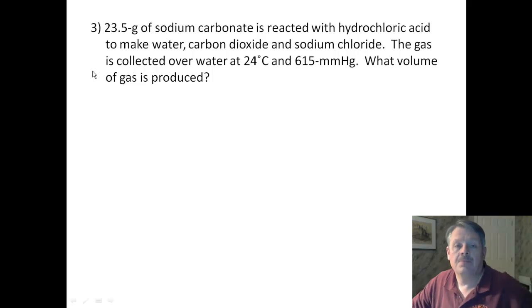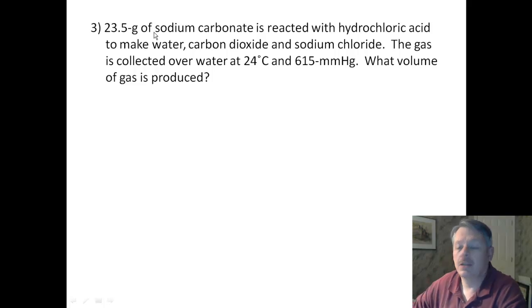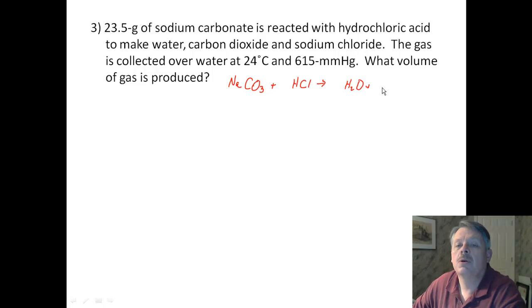All right. We've got some sodium carbonate reacting with hydrochloric acid to make water, carbon dioxide, and sodium chloride. Clearly, what I'm going to have to do here is come up with a balanced chemical equation. So I have sodium carbonate, Na2CO3, reacted with hydrochloric acid, HCl, to make water, H2O, carbon dioxide, CO2, and sodium chloride, NaCl.